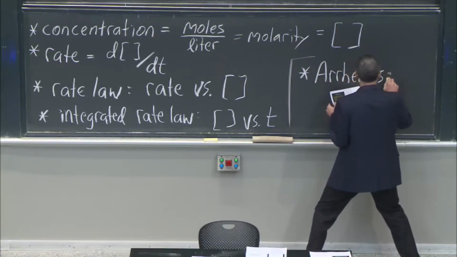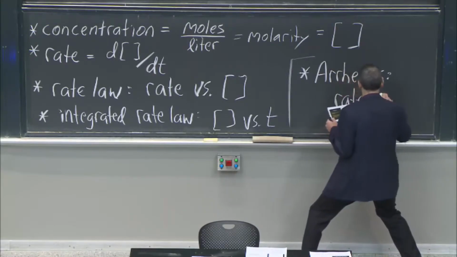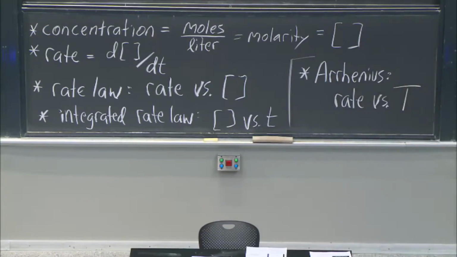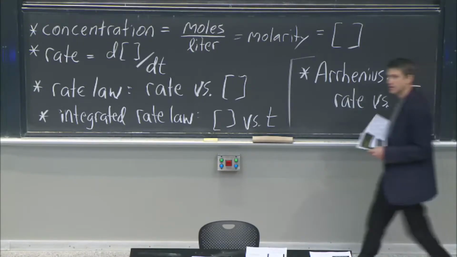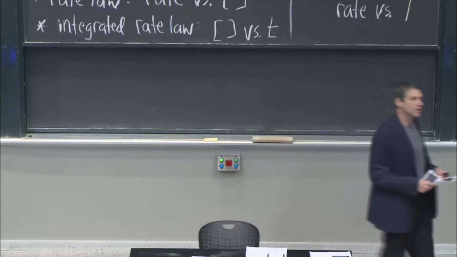As you might guess, this is going to give me rate versus temperature. These are the things we're going to talk about today in the context of reactions. I wanted to get them all down on the board so you can see them, think about them, and feel them as we go forward.